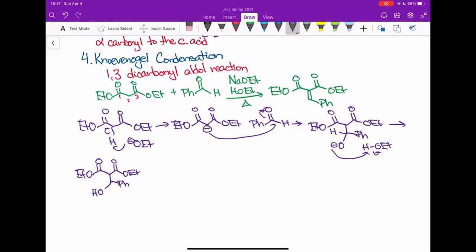Okay. And then, sorry, I'm actually going to redraw this with a little bit more space. Because we created this alkoxide, like we saw before, it'll come back to grab that acidic proton.